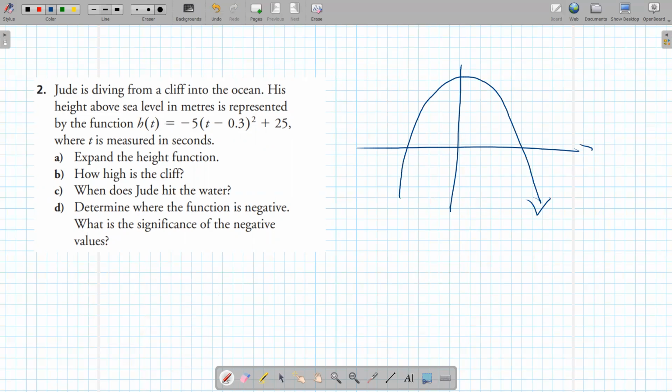What's on the x-axis? What's our x variable here? What's the independent variable? T is our independent variable, okay? Independent variable is always going to be the thing in the function itself, like here. You can replace that with an x, it's not going to make a difference.